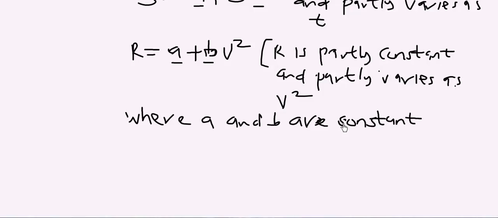We also have, say, P is equal to AV plus BT square.